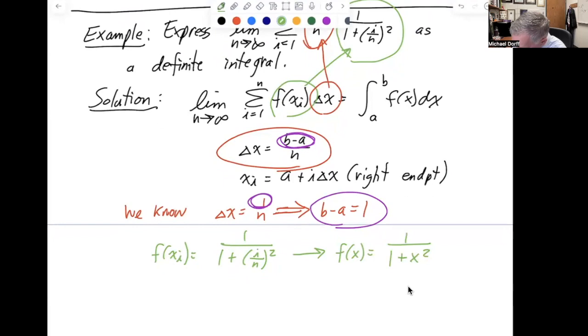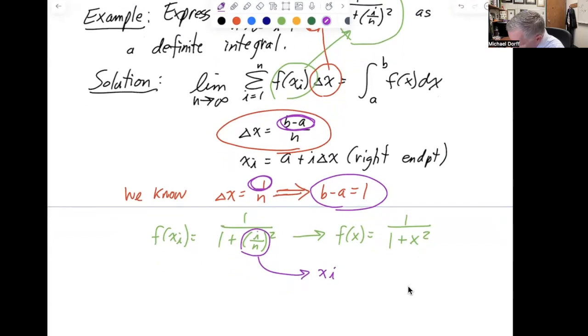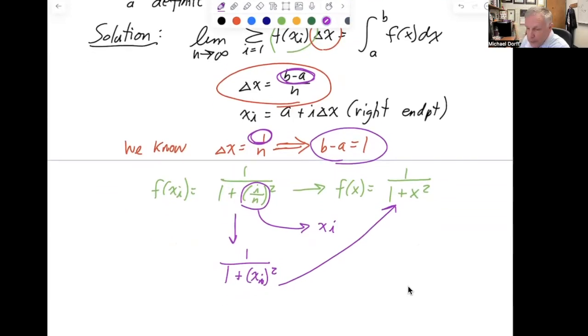All right, and then this part inside here is my x sub i part. Because then you can see that if what I circled in purple there is x sub i, then that means what I have here is 1 over 1 plus x sub i squared. And that matches what I have for my green part function here, f of x equaling 1 over 1 plus x squared.